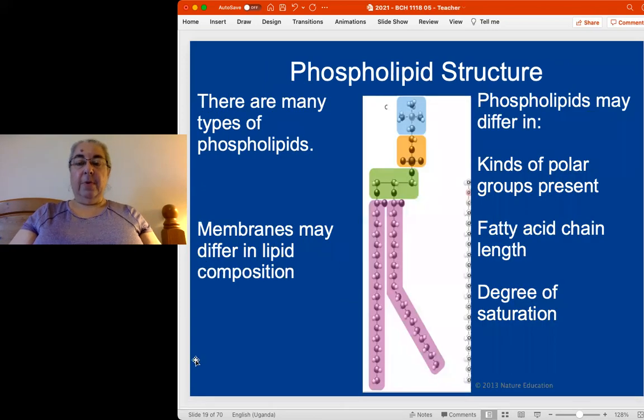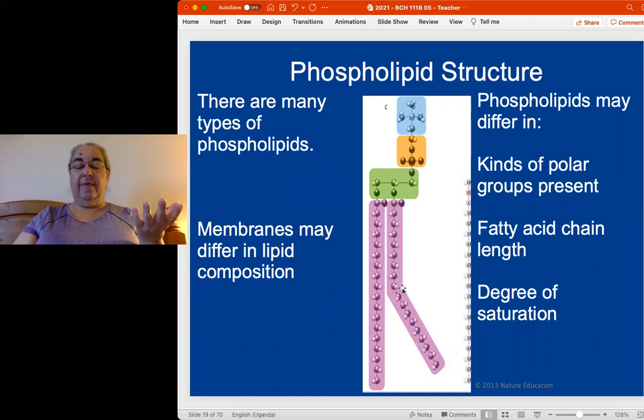Okay, so a little bit more detail of the structure. There are many different types of phospholipids, so the exact chemical groups that are present in each of these parts of the molecule can be different. So different phospholipids can have different kinds of polar groups, different lengths of fatty acid chain, different degrees of saturation.